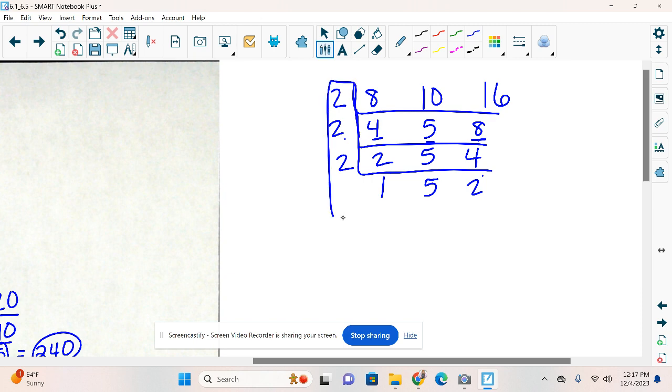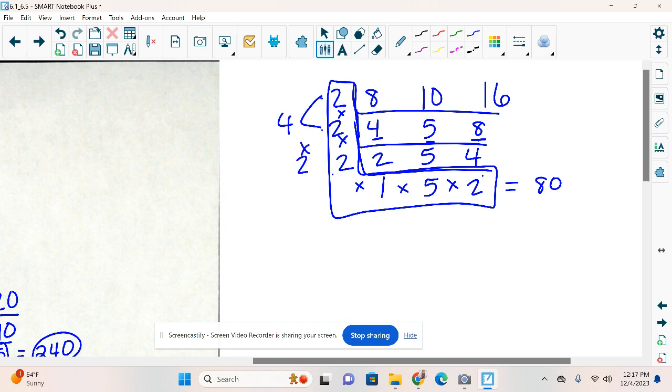No. So then you multiply all of those numbers to get your LCM. So there's 8 times 5 times 2, which ends up being 80. It's 2 times 2 is 4. Times 2 again is 8. Times 1 is 8. Times 5 times 2.